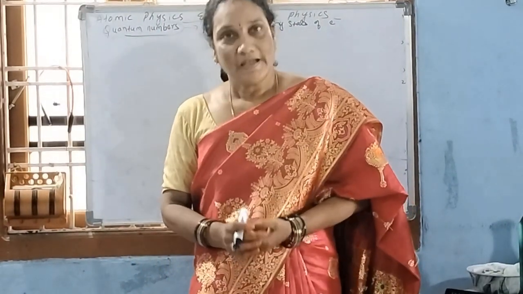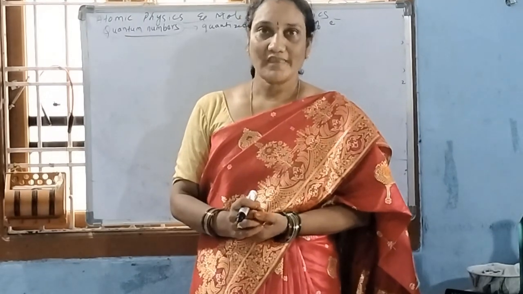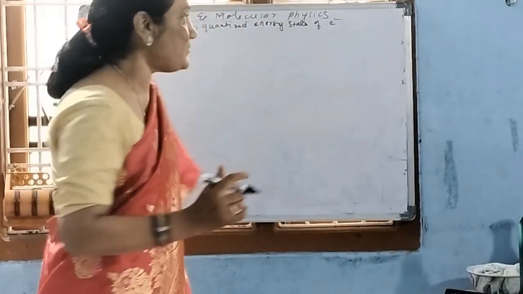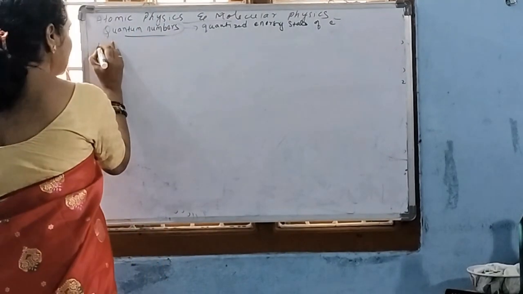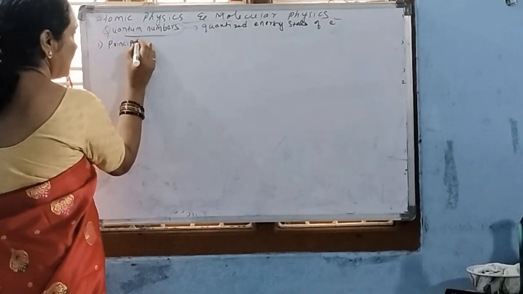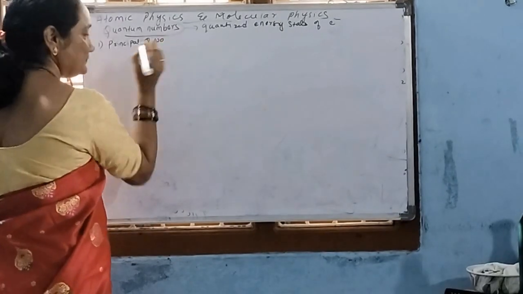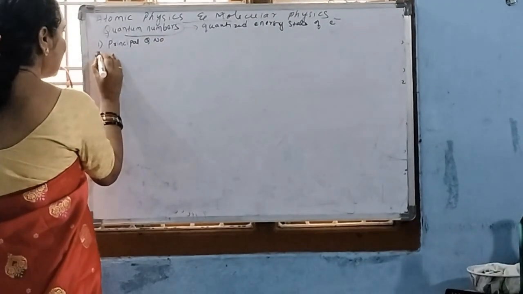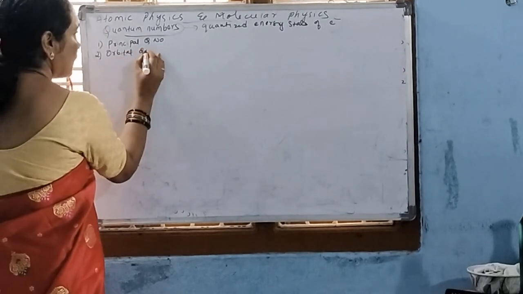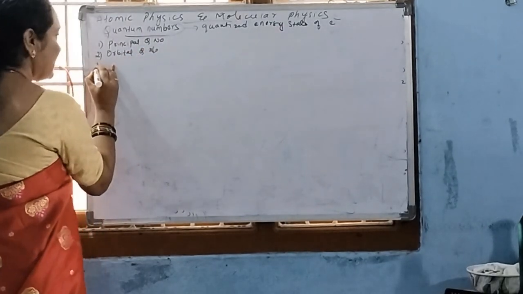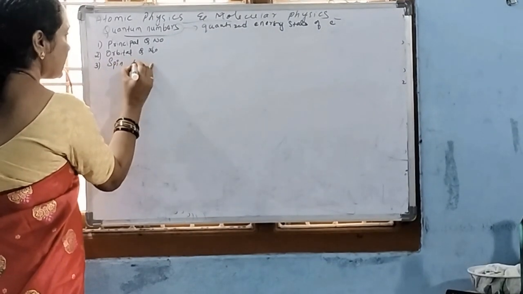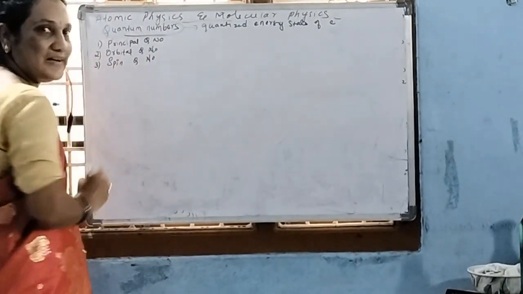Alright? So now here we are having the quantum numbers. The first one, the principal quantum number. The second one, orbital quantum number. The third one, spin quantum number.